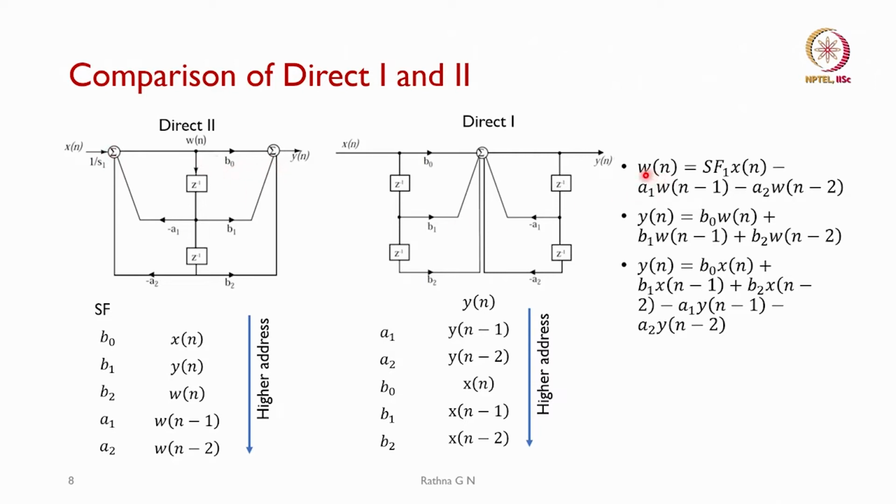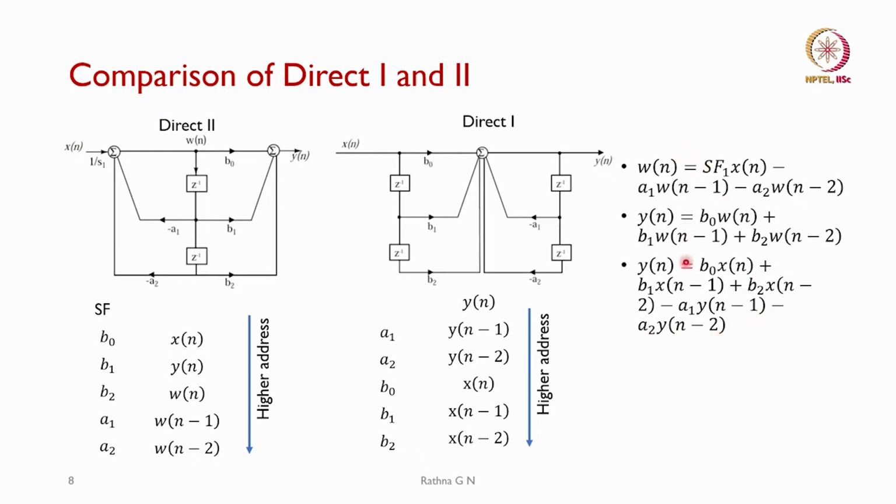That is the representation: y of n is b naught into x of n plus b1 into x of n minus 1 plus b2 into x of n minus 2 minus a1 into y of n minus 1 minus a2 into y of n minus 2.